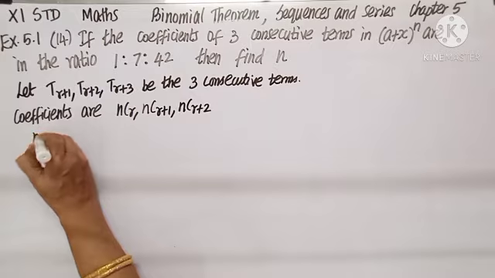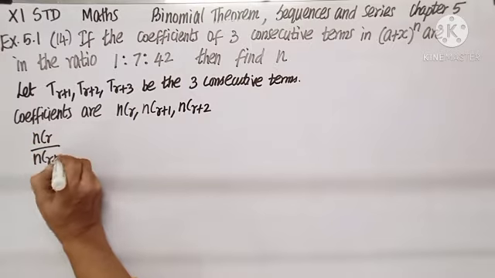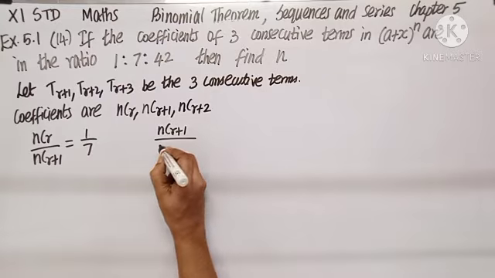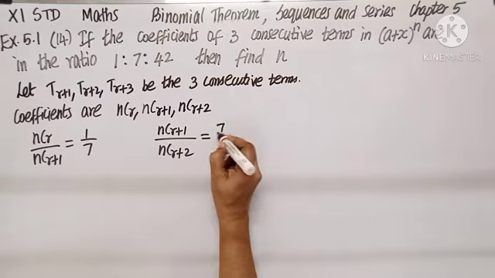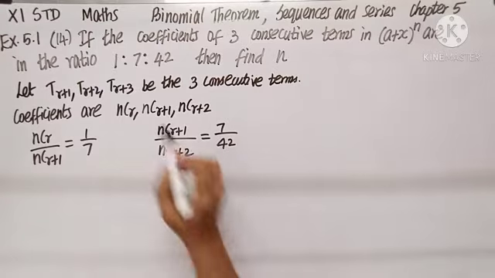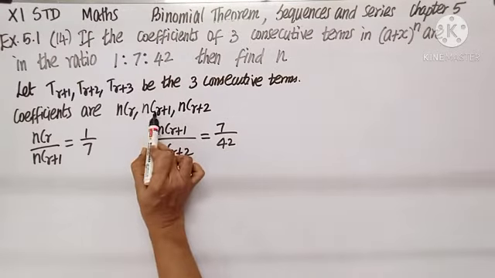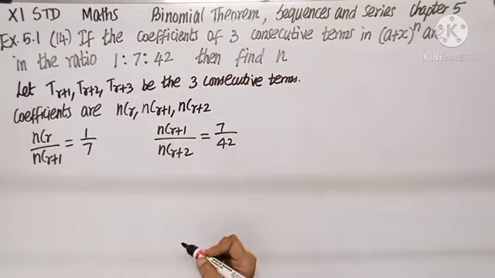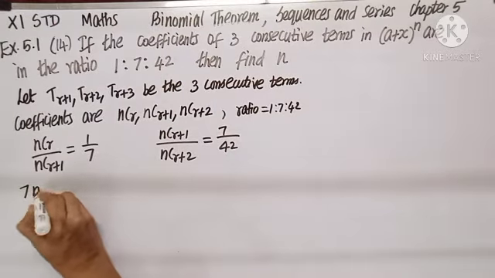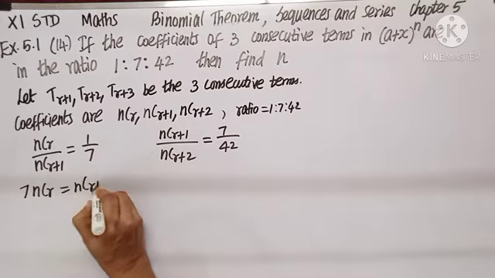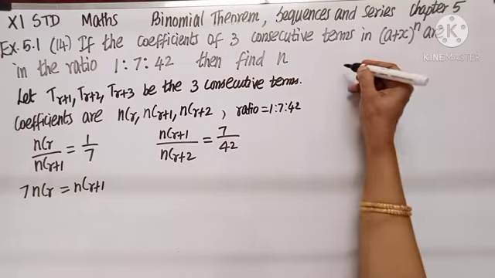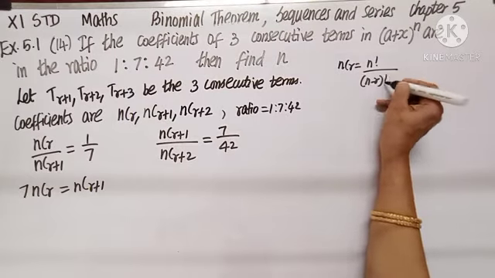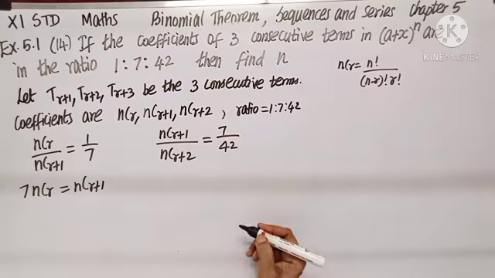The question says they are in the ratio 1:7:42. That is nCr by nC(r+1), 1 by 7. nC(r+1) by nC(r+2), 7 by 42. As I compare, first and second term 1:7, second and third term 7:42. Cross multiplying, 7 into nCr is nC(r+1). We know the formula nCr, n factorial by (n minus r) factorial into r factorial.